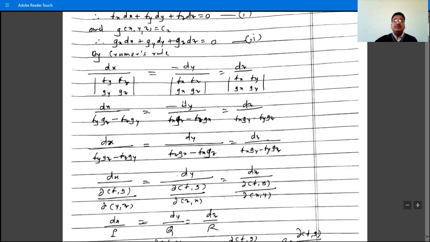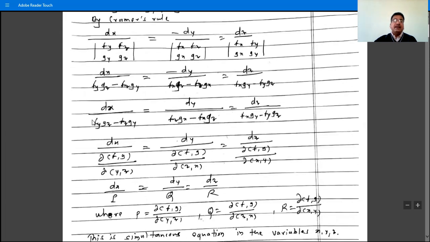Similarly, if we absorb this sign into the term, we get fz gx minus fx gz, taking the effect of the negative sign on this term. And this is fx gy minus fy gx. Right here write gx in place of gz.